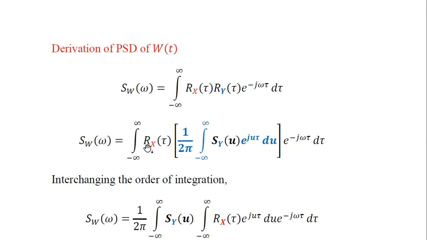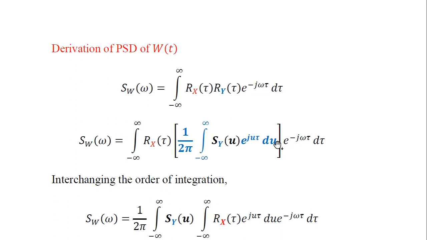Sw of omega is equal to the integration from minus to plus infinity of Rx of tau multiplied by Ry of tau. Rx of tau and Ry of tau are nothing but the autocorrelation functions of x and y respectively. We will replace the autocorrelation function for y, Ry of tau, by the following expression, which is nothing but the inverse Fourier transform.